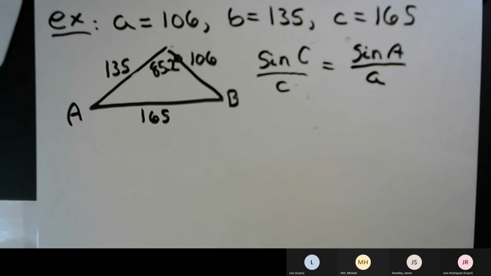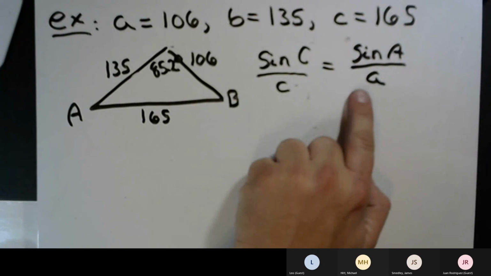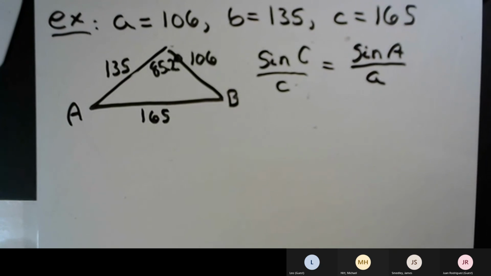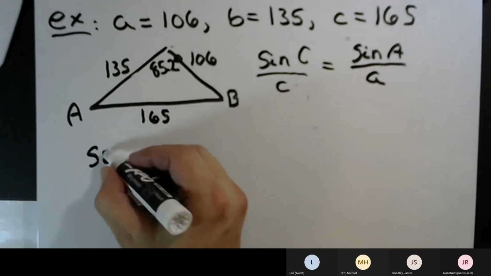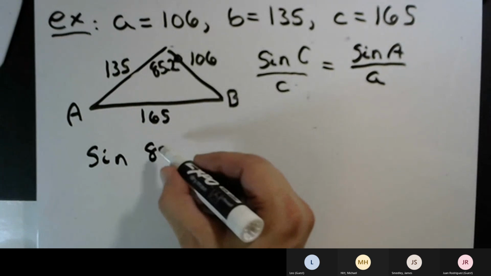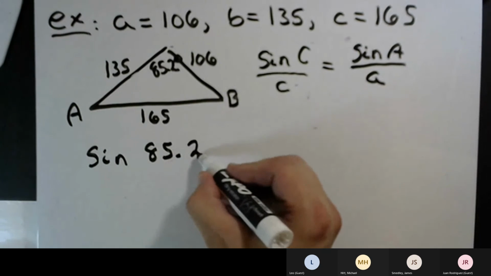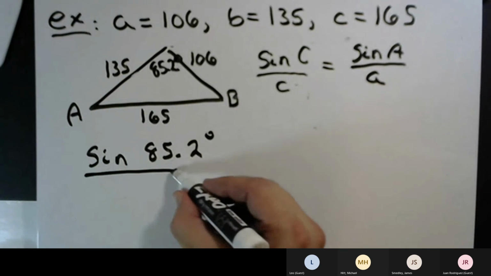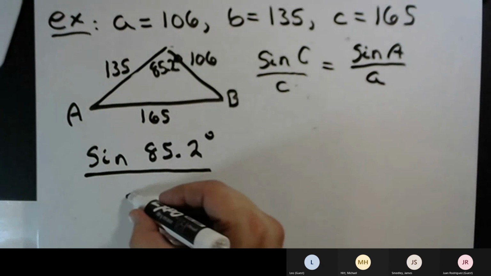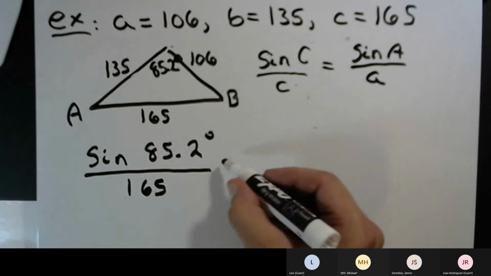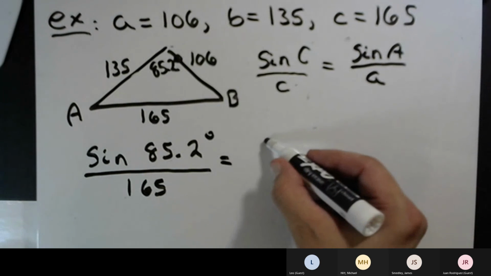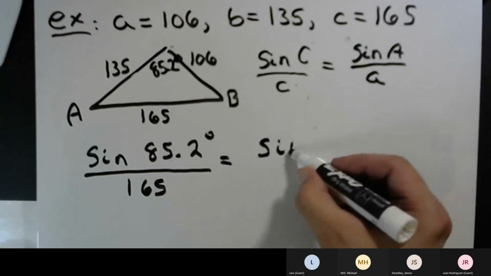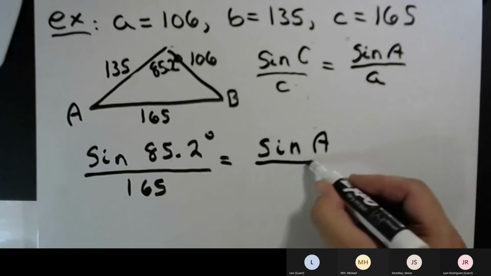So the important part with these questions with law of cosines, we're now going to use law of sines. So sine of 85.2, and again, the book's allowing us to use these rounded numbers. Well, we don't know sine A. We do know the side.